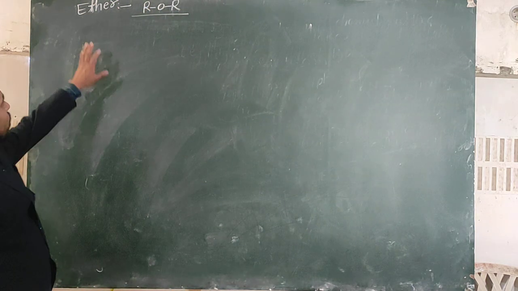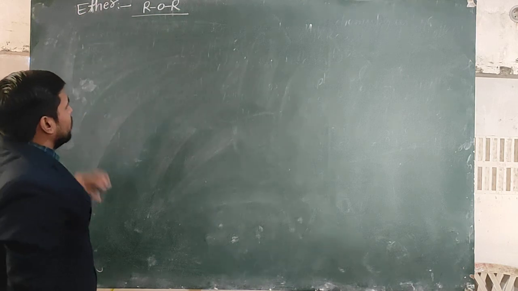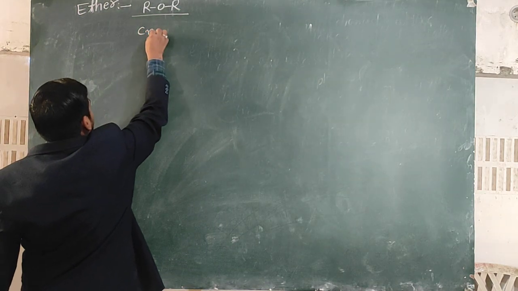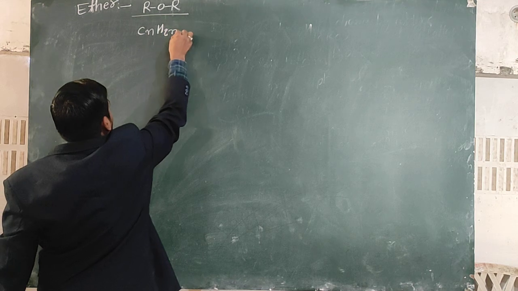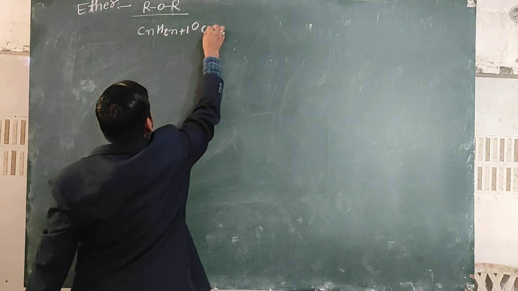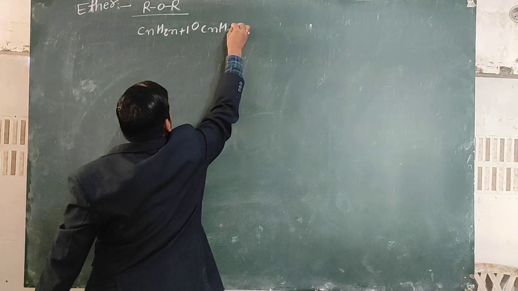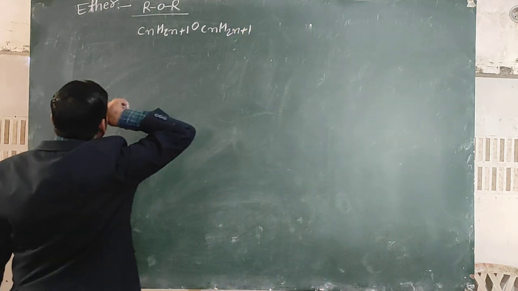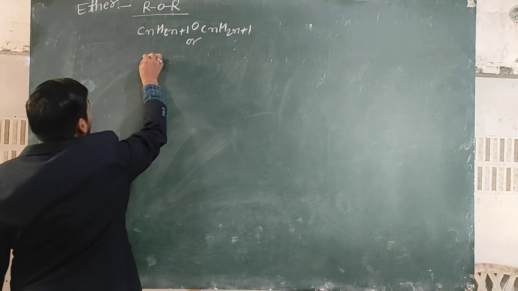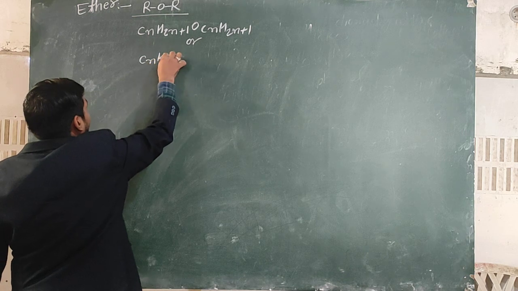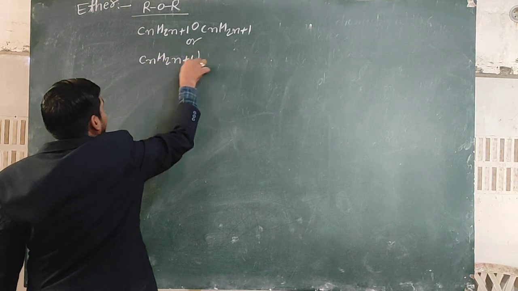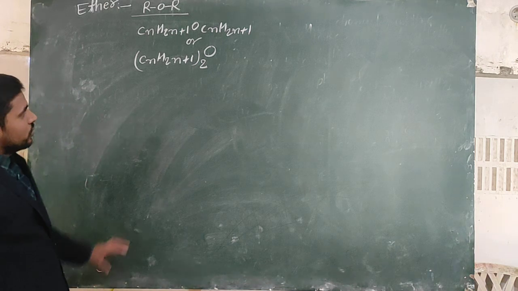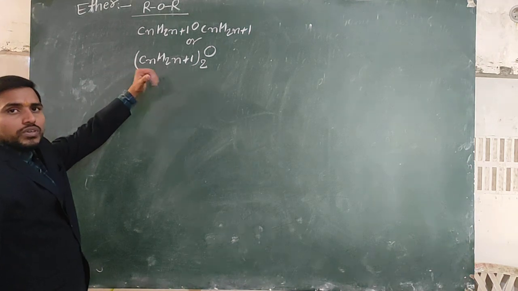The general formula of any ether is CnH2n+1 O CnH2n+1, okay, is the general formula of ether.